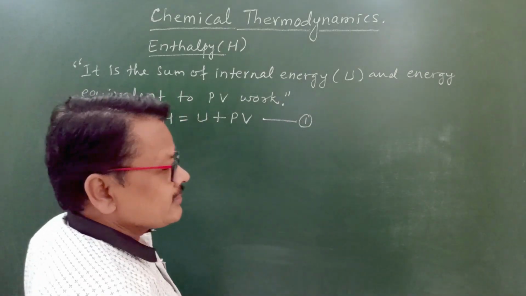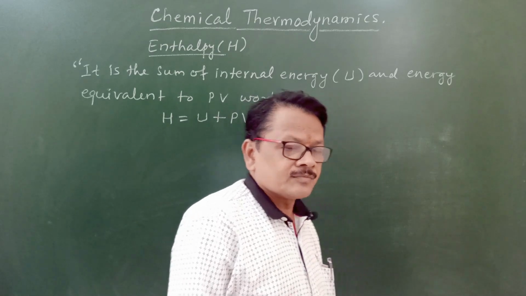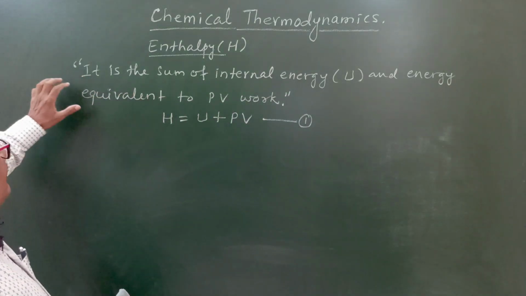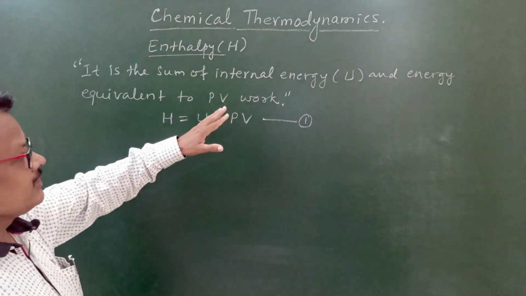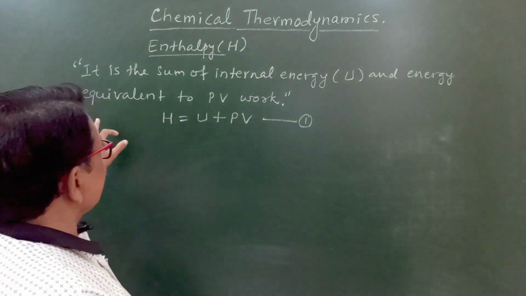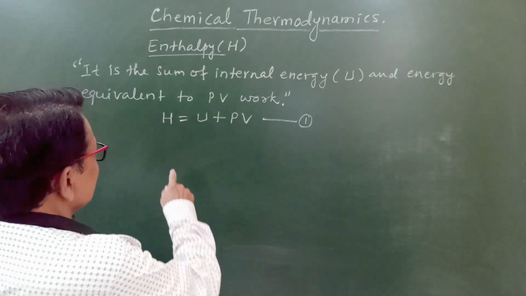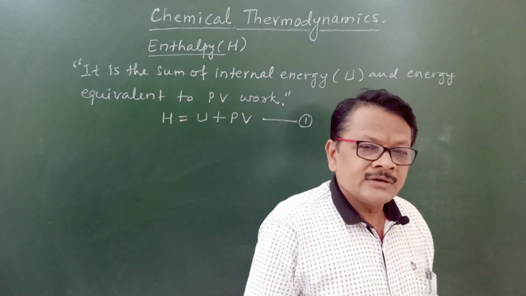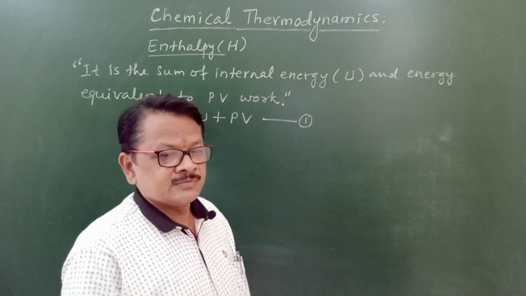We have to derive a simple equation here. I have written the definition of enthalpy. It is the sum of internal energy U and energy equivalent to PV work, H is equal to U plus PV. H is a state function.